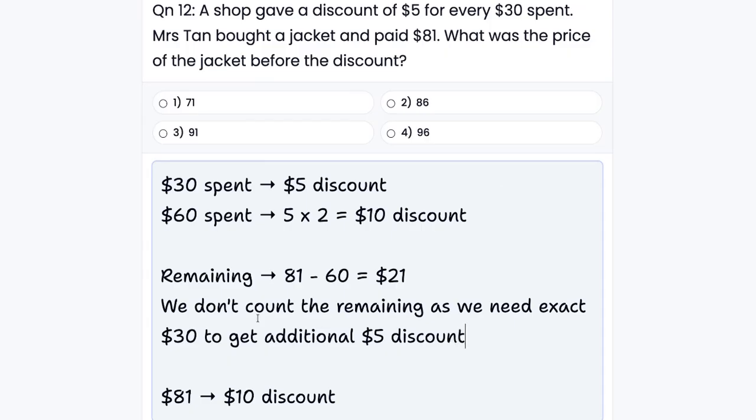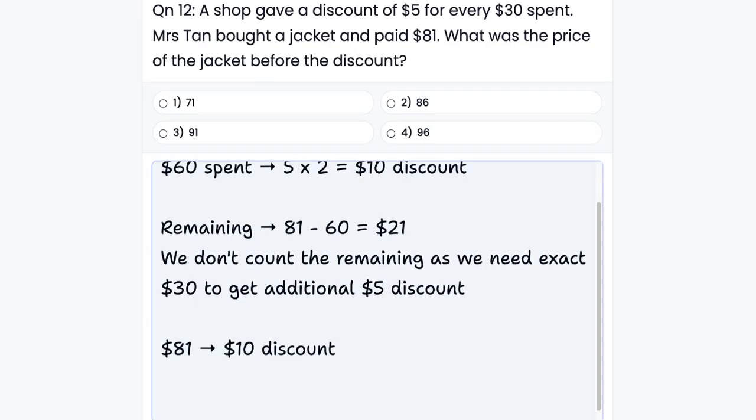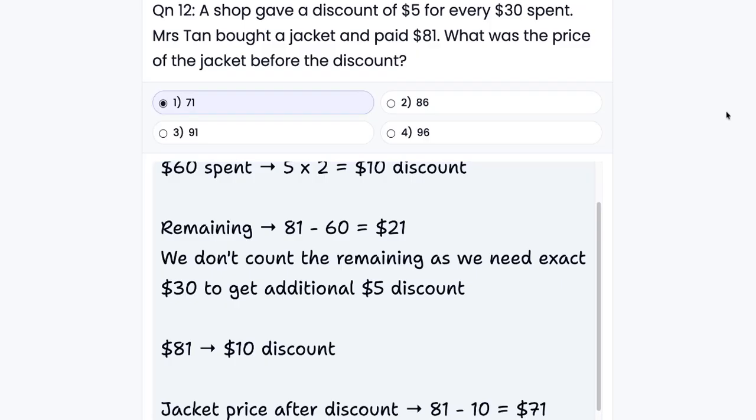So we have $81 and a $10 discount. The price of the jacket is equal to 81 minus 10, which is $71. There you go, so the answer is option number 1.